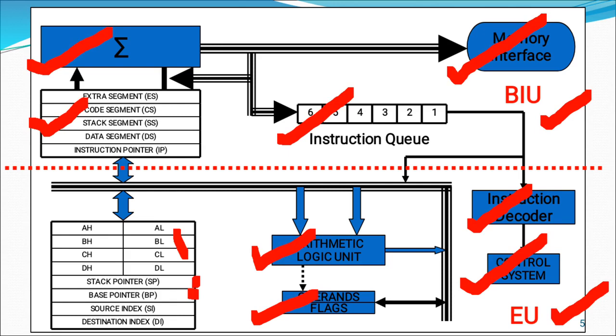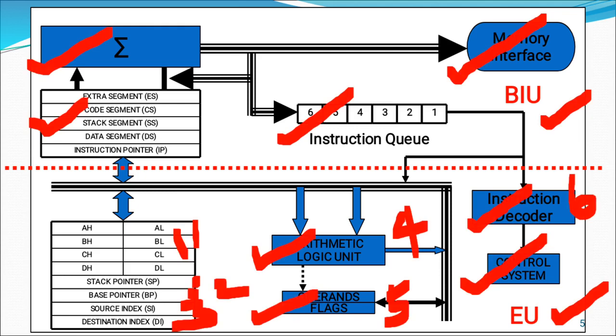So totally the execution unit can be divided into 7 different units: general purpose registers, base registers 2, source and destination index registers 3, arithmetic and logical unit 4th block, flag register block number 5, instruction decoder the 6th one, and finally control system.